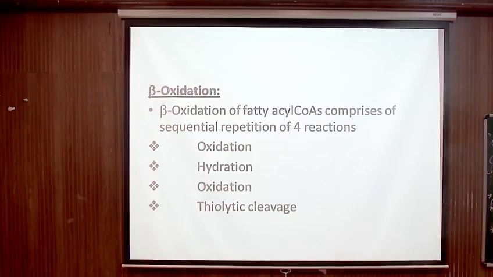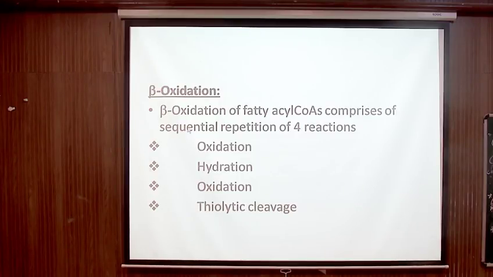So the 16 carbon palmitic acid will go on removing 2, 2, 2, 2. It will undergo about 7 cycles of all these 4 reactions, which keep repeating. The 2 carbon acetyl coenzyme A will be released, and these acetyl coenzyme A will enter into the TCA cycle.